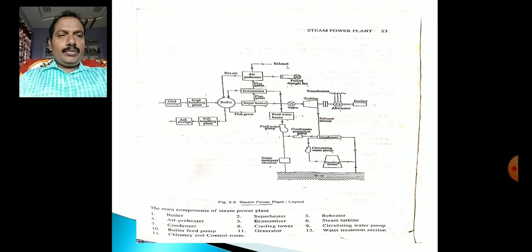Okay. Now this is the diagram. We have identified four circuits, and in that how the steam, water, and input fuels flow in different circuits, we have discussed. Finally, how the power is generated, we have discussed.